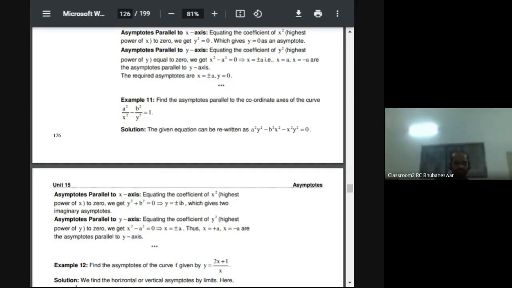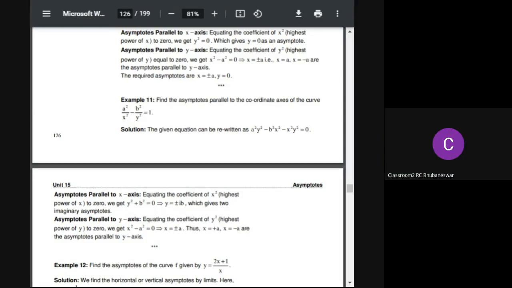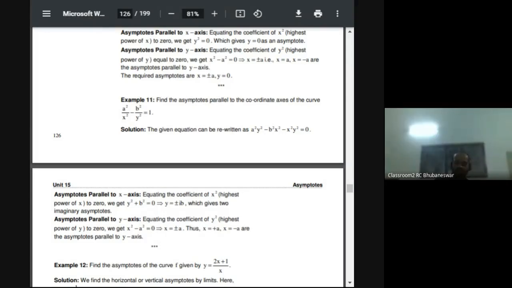So here we have two imaginary lines, y equals plus minus ib. Similarly, we equate the highest degree of x, x square minus a square equals 0, and we get x equals plus minus a.